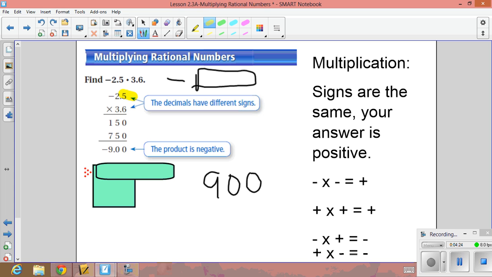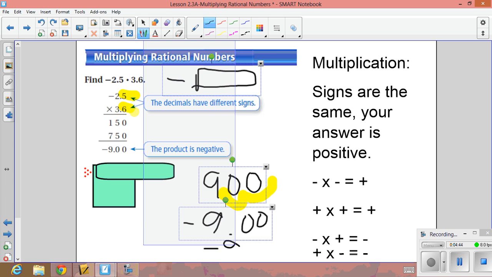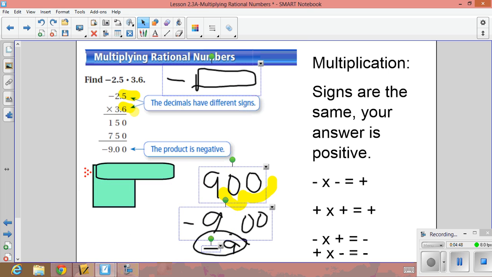And how many decimal places after the 3? 1 as well. So altogether we have 2 decimal places, the 5 and the 6. So when we write our solution, we have to move the decimal point in 2 places, 1 and 2. So we get a final answer of negative 9.00, or you can write it simply as negative 9. Are there any questions?